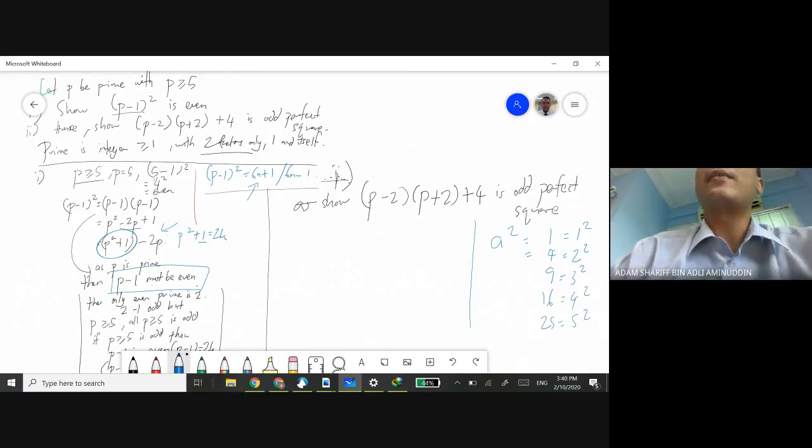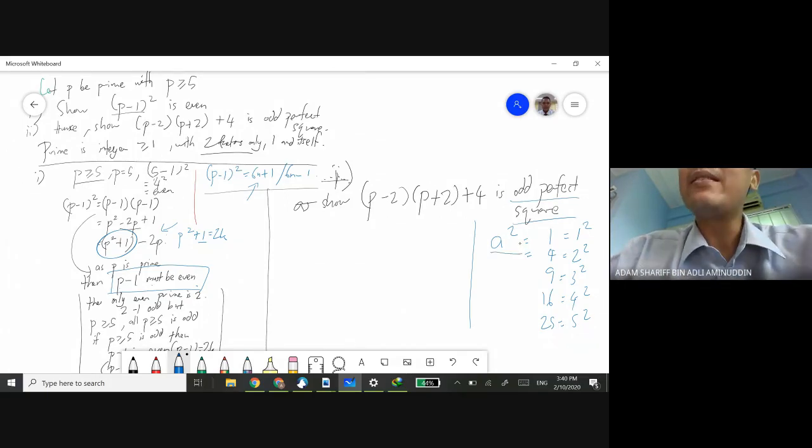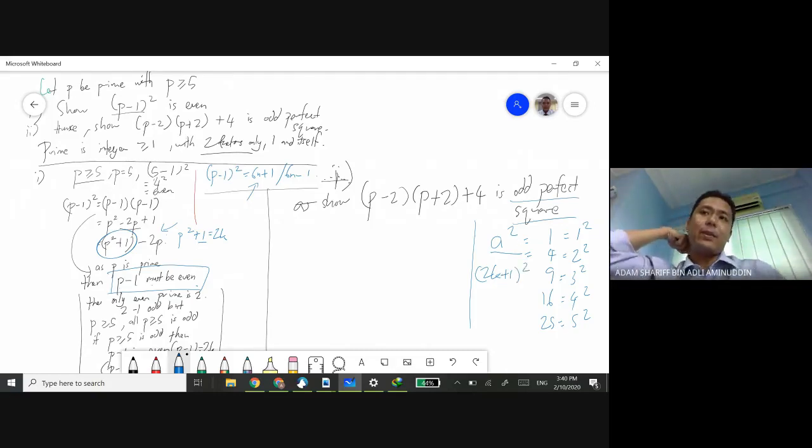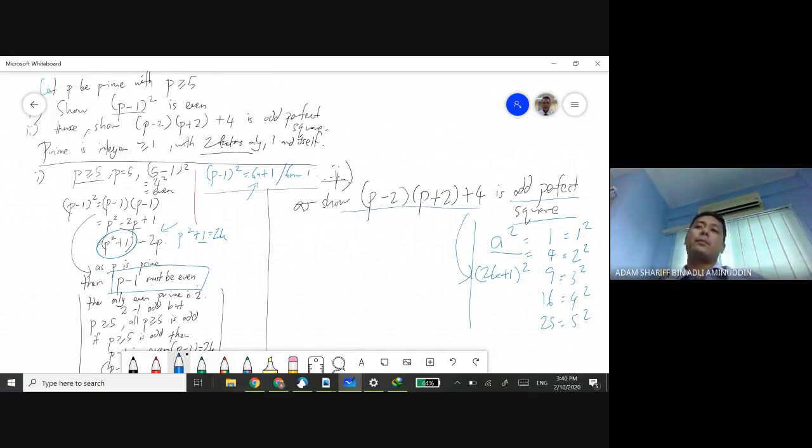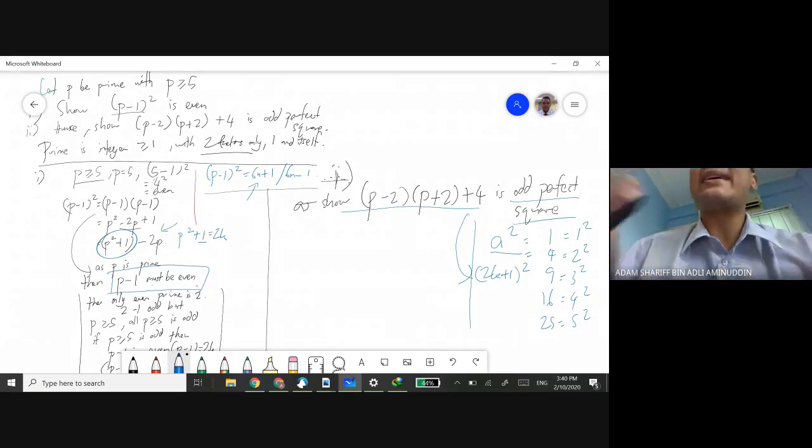Okay, so right now, focus on the odd perfect square. Therefore, an odd perfect square is not only a squared, it will be 2k plus 1 squared, like this. So your job right now is to show that the left, p minus 2 times p plus 2 plus 4, will be that.